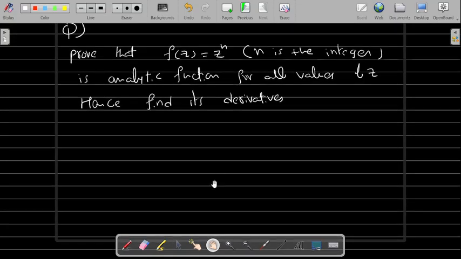For this problem we will apply the polar form, that means we will try to satisfy the CR equations in polar form.